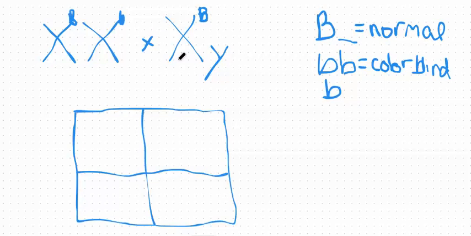So when we set up our square, I'm going to show the chromosome and then also the gene. So the female, when she makes her gametes, they're all going to have X chromosomes because she doesn't have any Y chromosomes. And half of her X chromosomes are going to have the dominant allele, and half are going to have the recessive allele.